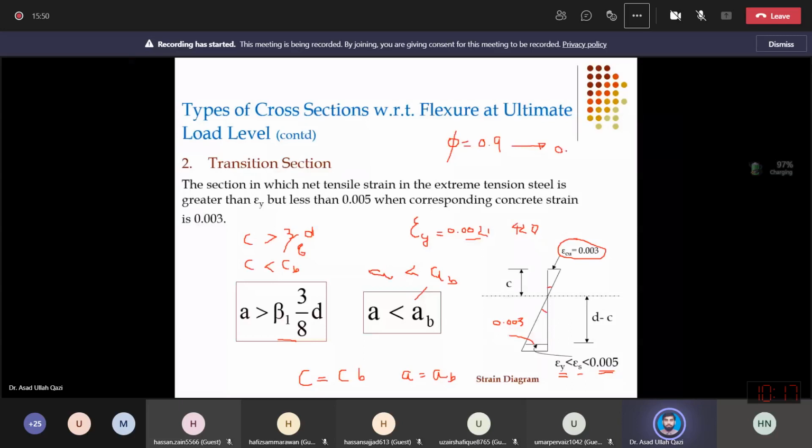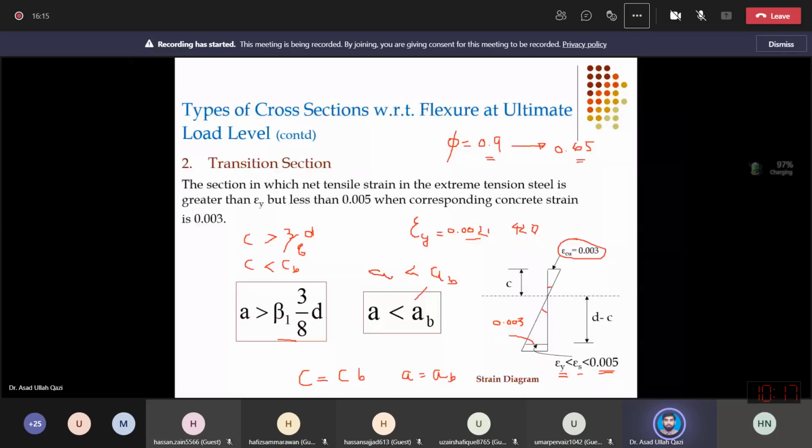If the cross section is at 0.005 or bigger strain, phi will be 0.9. If the cross section is balanced or in the over reinforced domain, rho greater than rho balanced or rho equal to rho balanced, phi will be 0.65, the strictest reduction.